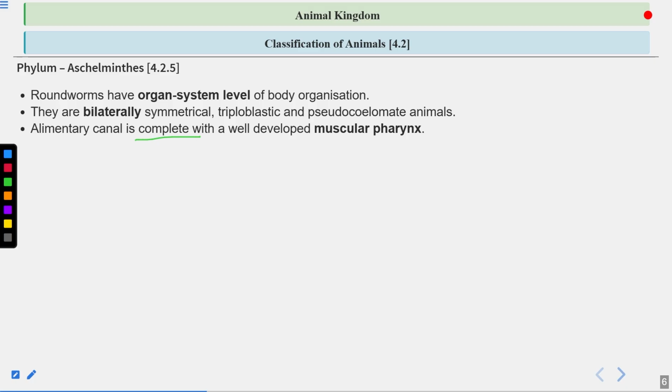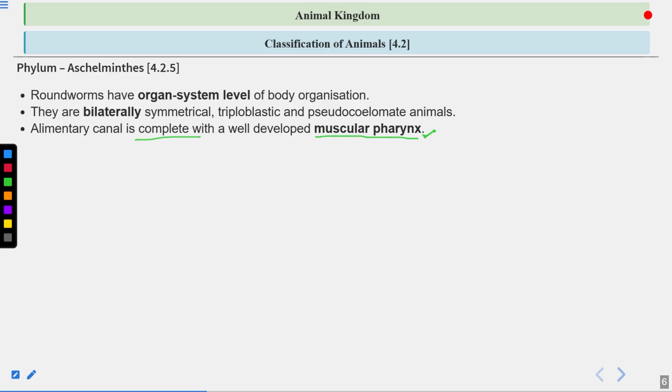Very well developed muscular pharynx. This is one of the very distinctive features of this phylum: the muscular pharynx. You must remember that the muscular pharynx is well developed in the case of Aschelminthes, right? Because it is an adaptation that they have to chew the food.